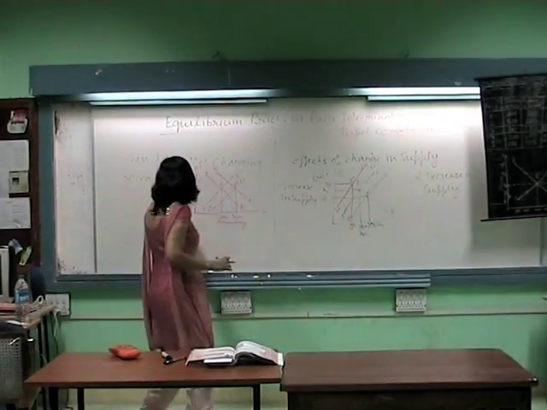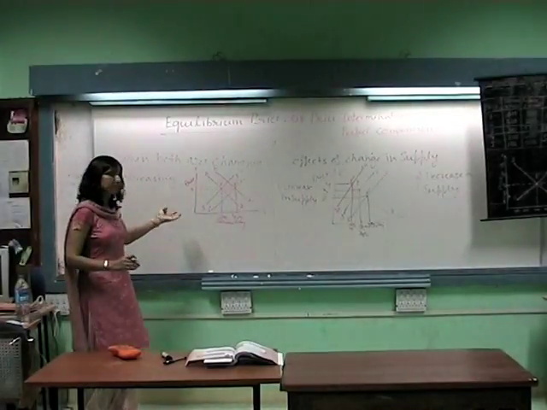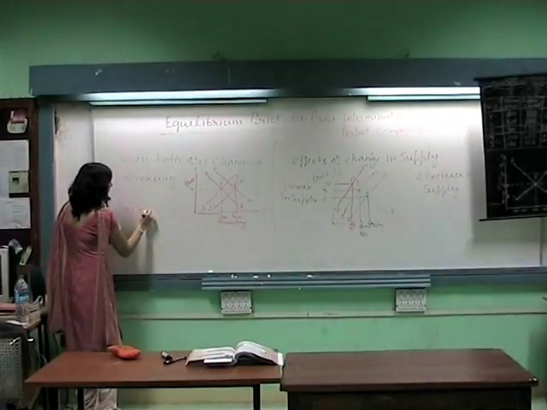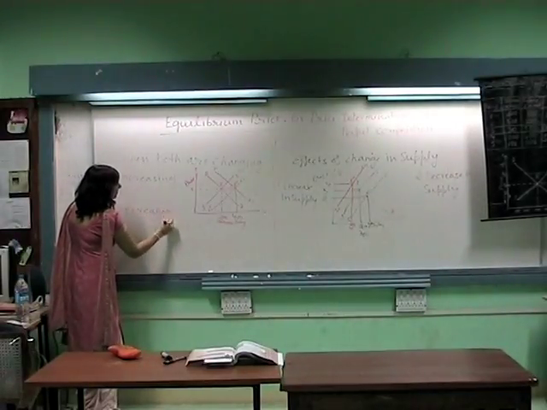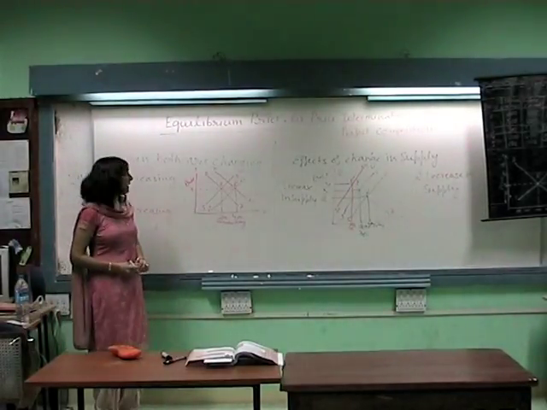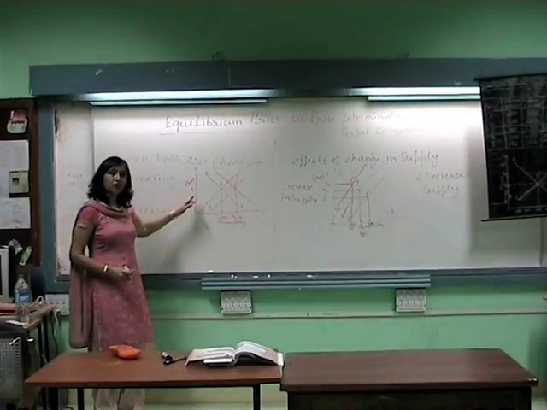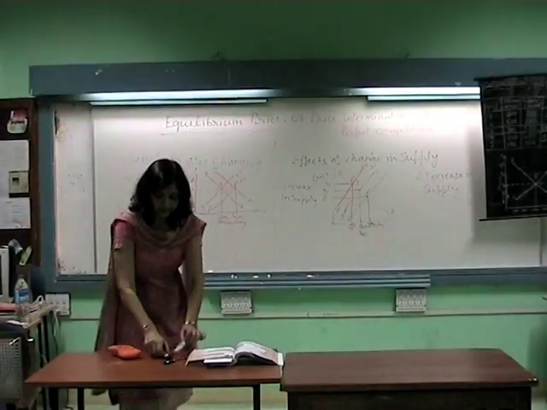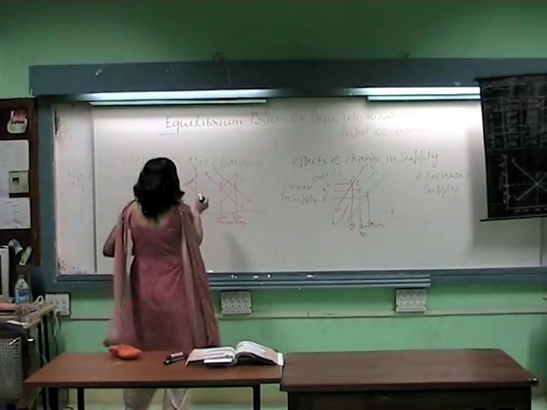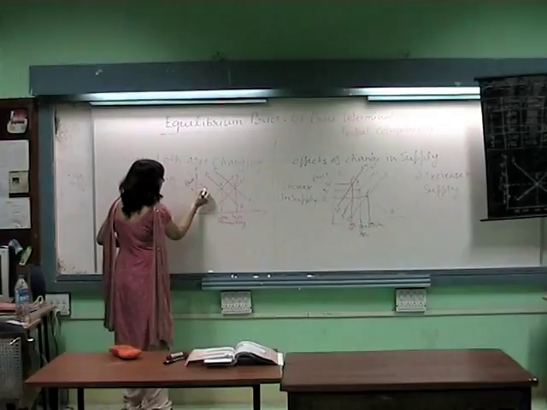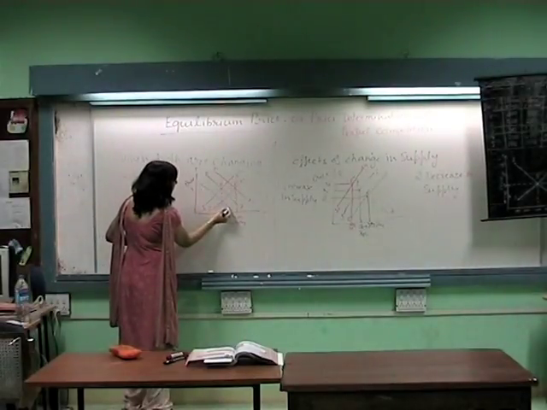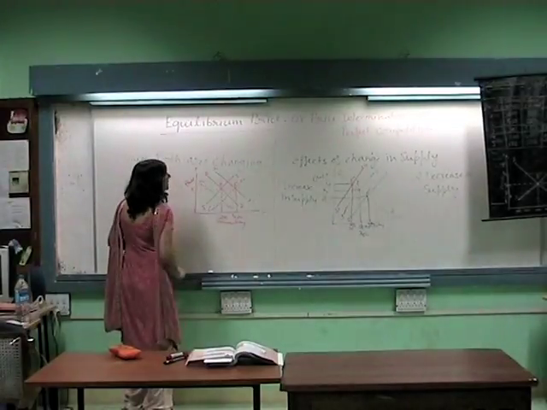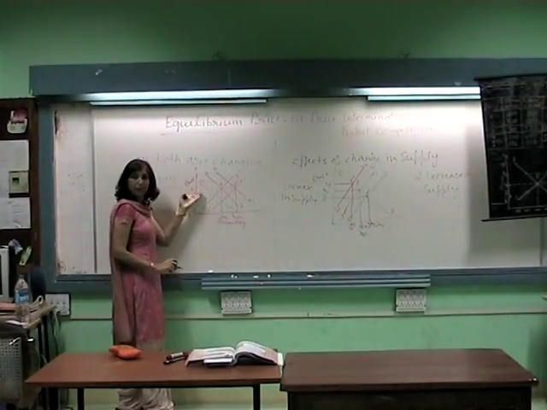Opposite can be the case when both are decreasing. Then what happens? Both are decreasing. The demand curve will shift leftward. B, B dash. Supply has also decreased.